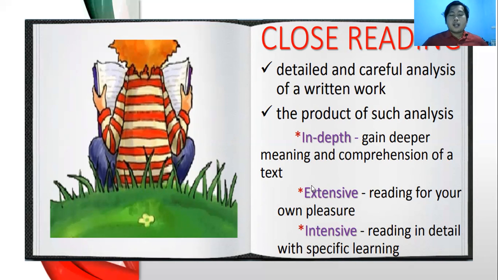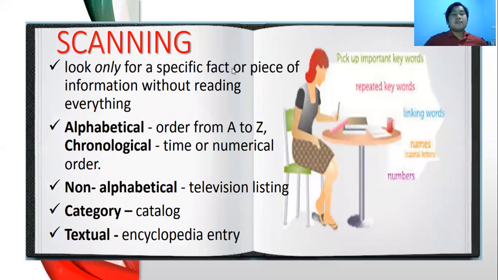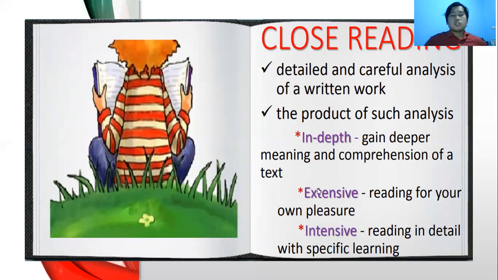So also the extensive, it is where you are reading for your own pleasure. For example, you just want to read for pastime or hobby. And intensive reading is reading in detail with specific learning. That's just like what we are doing in school. So what are those? Skimming, scanning, and close reading.